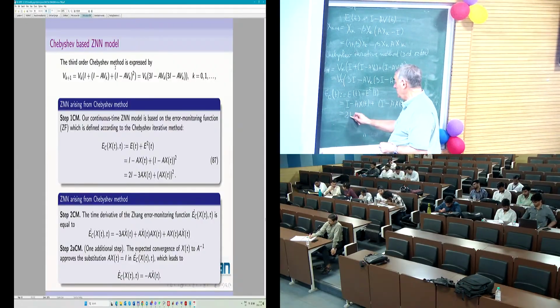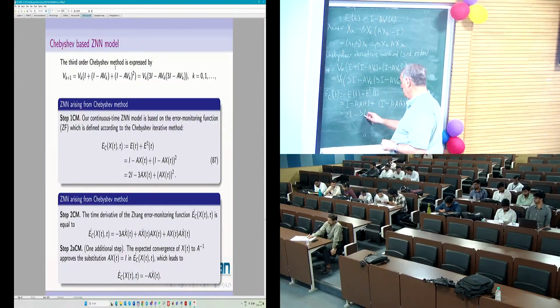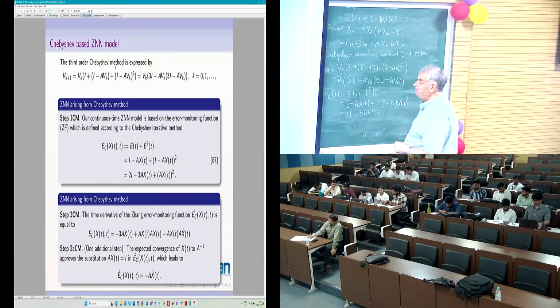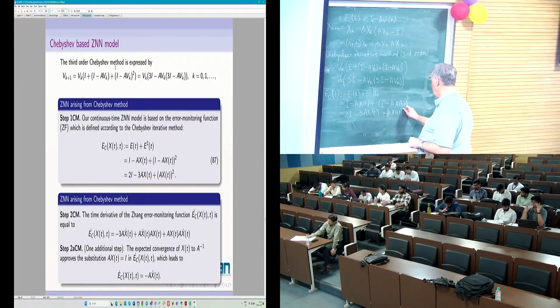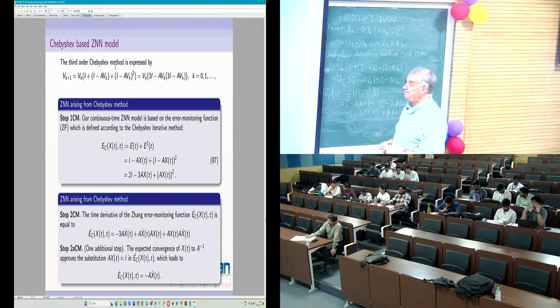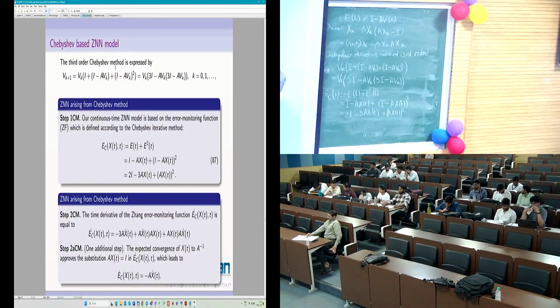Simplification gives 2I minus 3A X of t plus A X of t squared. And then we applied ZNN dynamics.